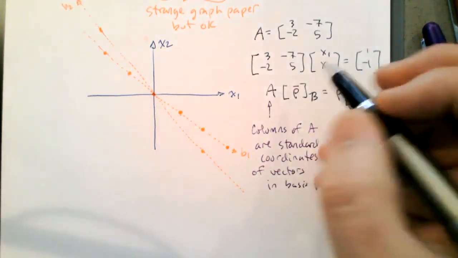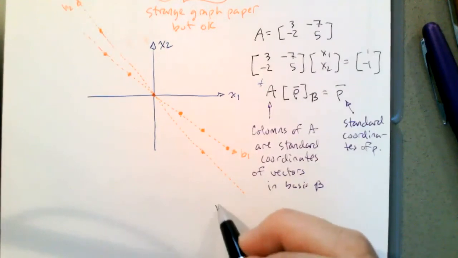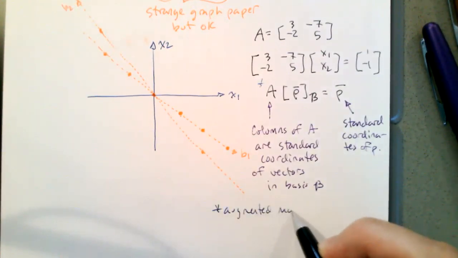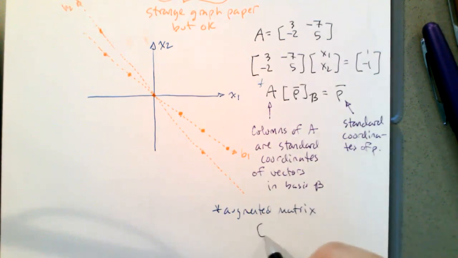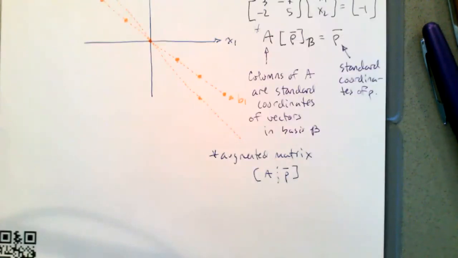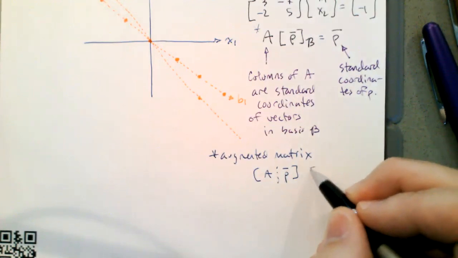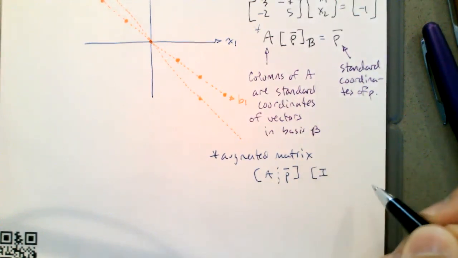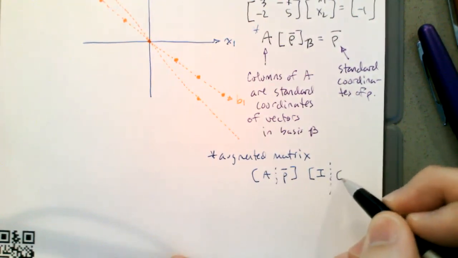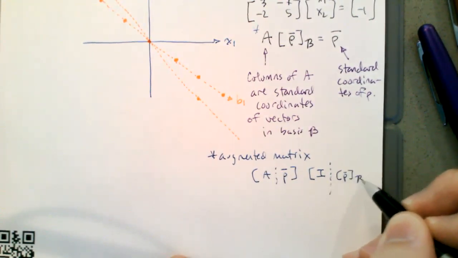The augmented matrix for this equation is just A, and then we put P over here. The reduced echelon form of the augmented matrix will give us the identity here because A is a basis, and then on this side will be the coordinates of P relative to B.